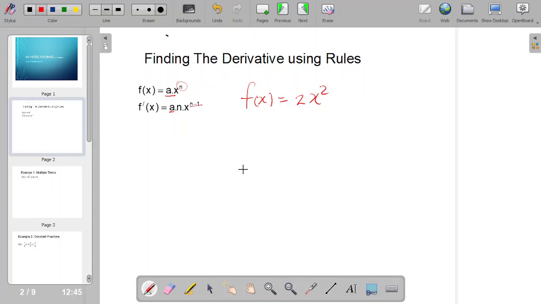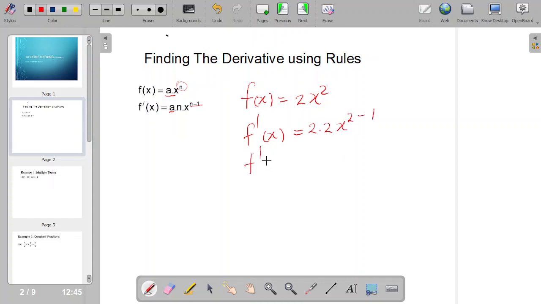So in this situation, to get your f prime of x, you must multiply this 2 at the top with the 2 that is the coefficient of x squared. So you'll have 2 multiplied by 2, x to the power 2 minus 1.